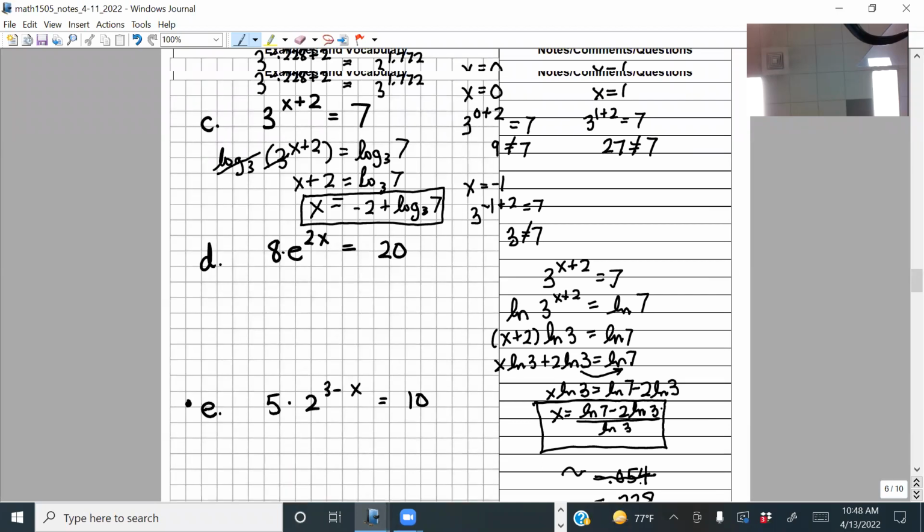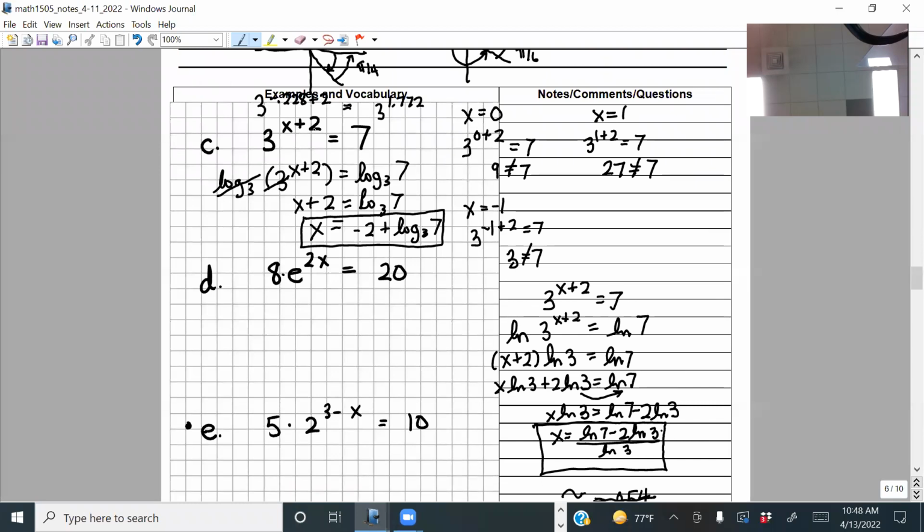Okay, so in solving this equation, where you have your unknown in an exponent, what's the big trick? You've got to get x out of the exponent.